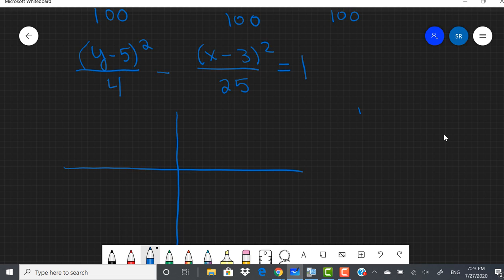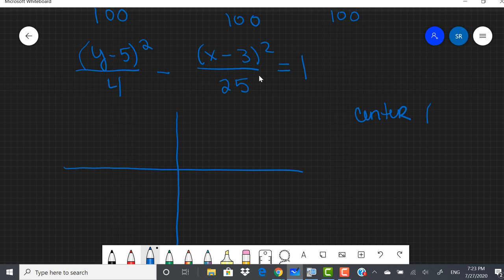Now be careful here because my center is going to be at, notice I have a 5 here and a 3 here. So my center is going to be, very careful, because notice my x's are on the right. Don't get confused.